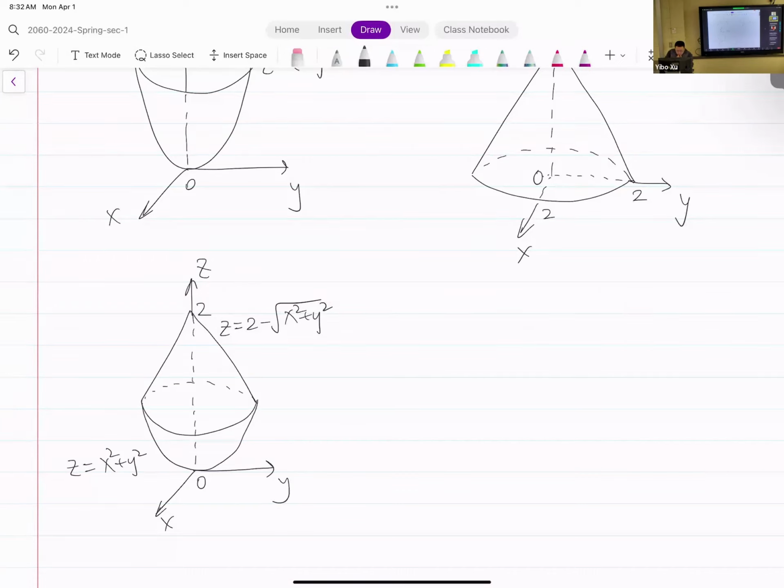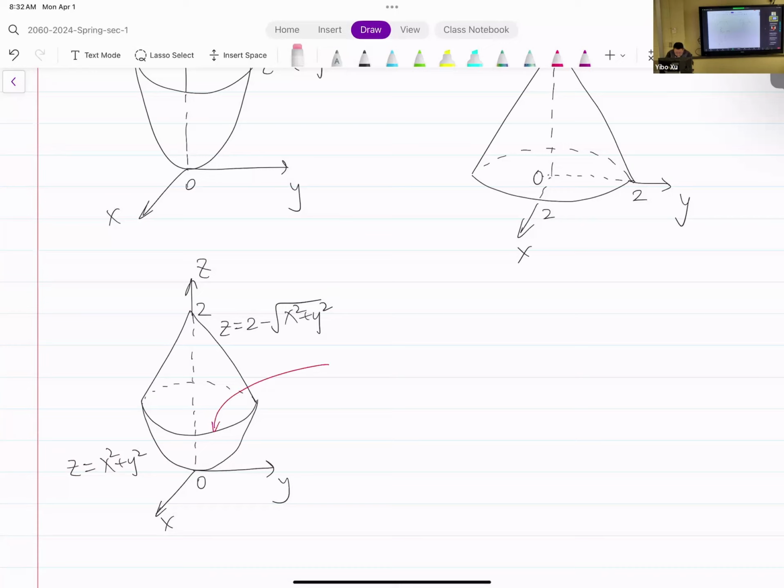But just recall this question wants us to find the volume of the solid that's enclosed by these surfaces, right? Lower bounded by the paraboloid, upper bounded by the cone. So here it's very important to get the intersection.